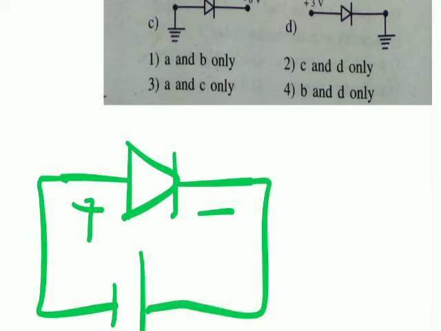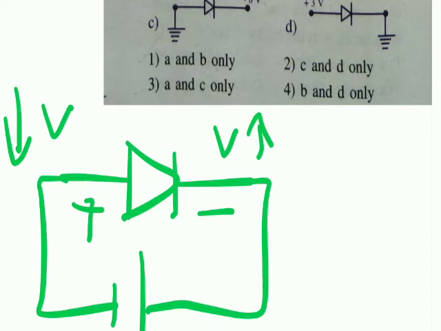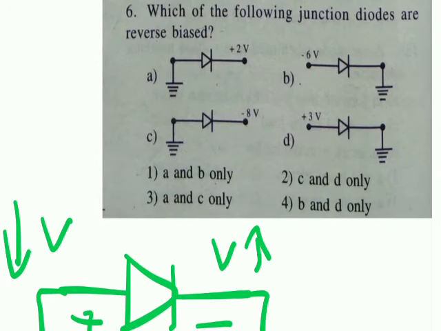So this connection is called reverse bias. Simply, low potential connecting to the positive side of the diode, high potential connecting to the negative side of the diode, that is called reverse bias.